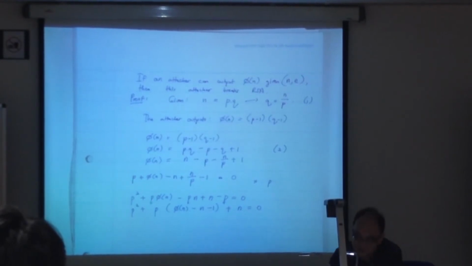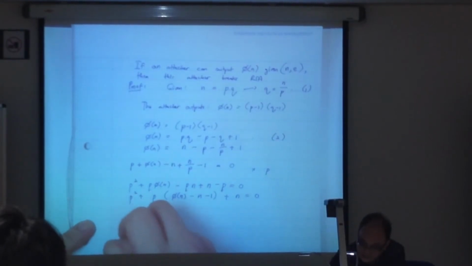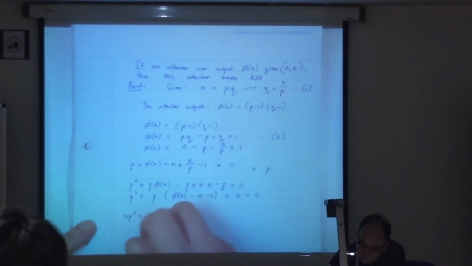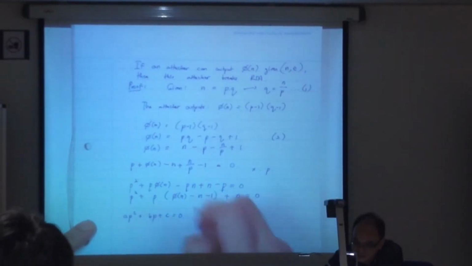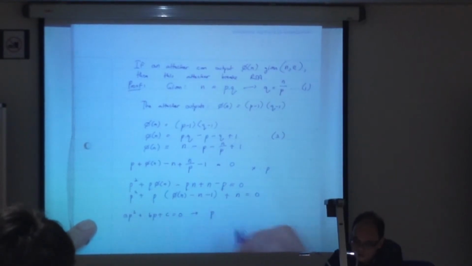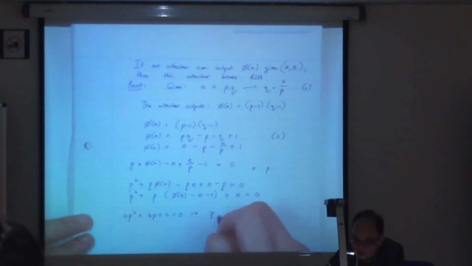How can I solve this equation? I think in high school you study this. This is like a p squared plus b p plus c equals 0. I can compute p. There are two roots, because this is squared. So I call them P1 and P2, for example.